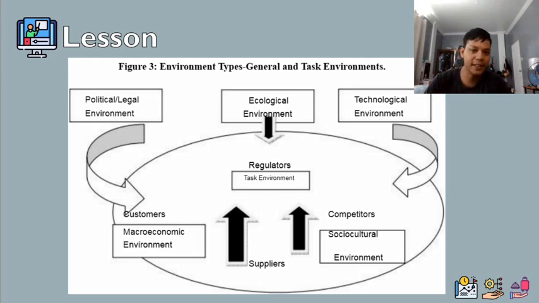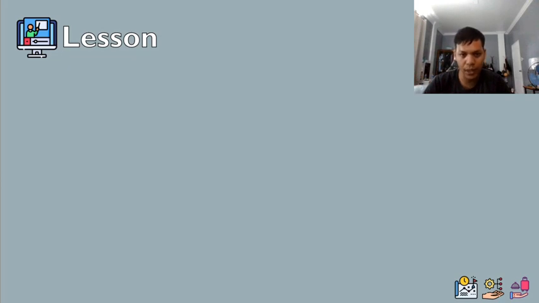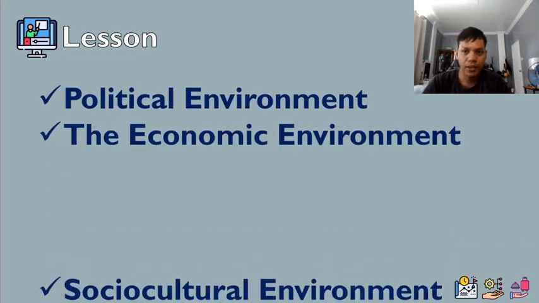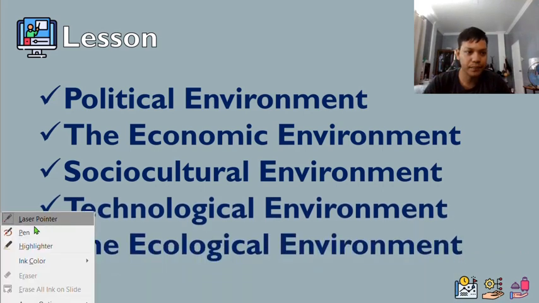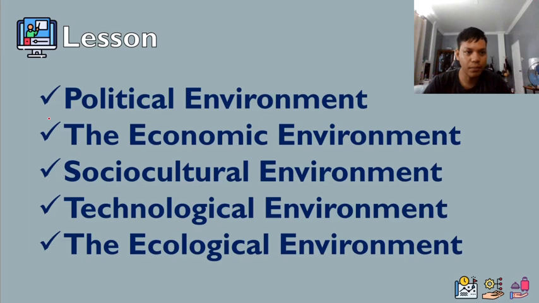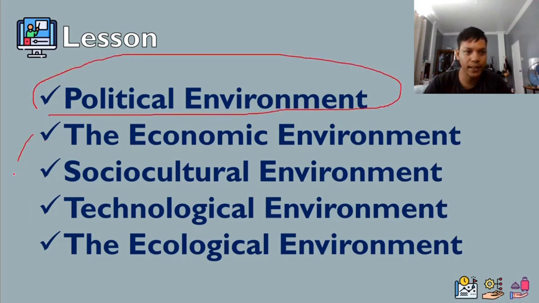I think that is not really important, but the important thing here is that we are able to understand the role and how this group of environments affects the business or the organization. For this module, we will focus more on the political environment, and for the next module, we will discuss the remaining 4 macro environments.